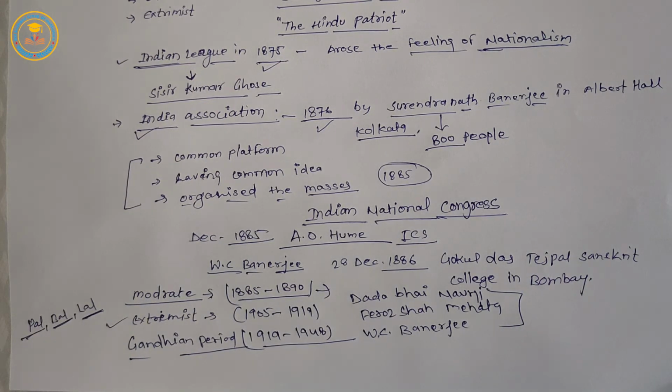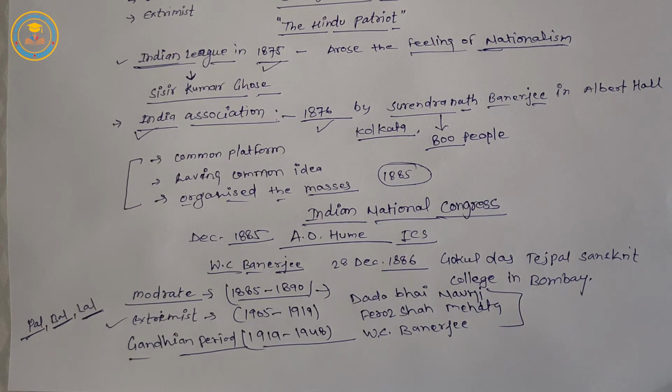The second phase of Congress is regarded as the period of extremists such as Lokmanya Bal Gangadhar Tilak, Bipin Chandra Pal, Lala Lajpat Rai and Aurobindo Ghosh. These extremist leaders were also known as Lal, Bal, Pal.